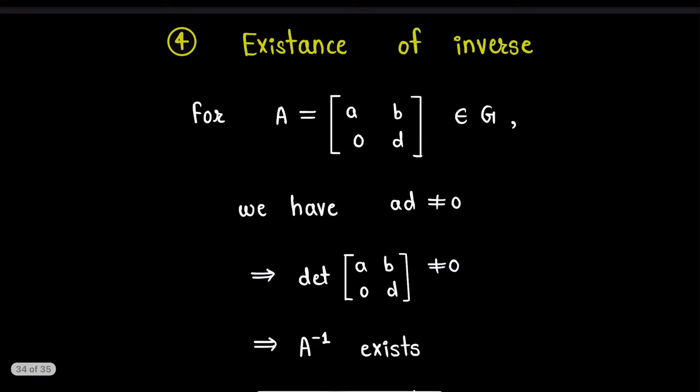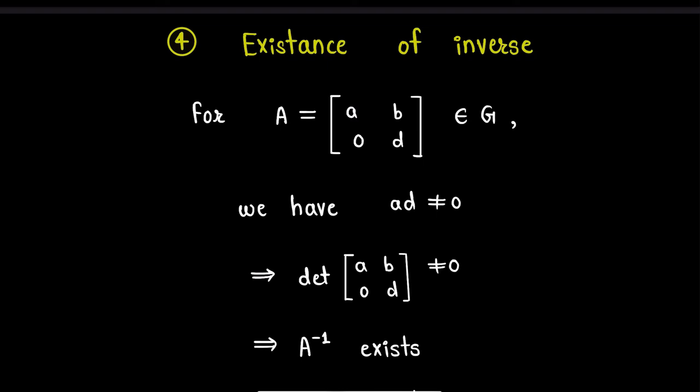Next property is existence of inverse. For any matrix A in set G, the product of diagonal entries is not equal to 0. Now, for an upper triangular matrix A, the determinant of A will be the product of diagonal entries.